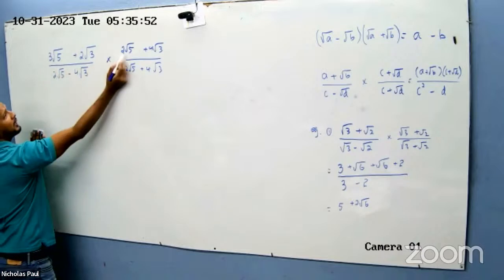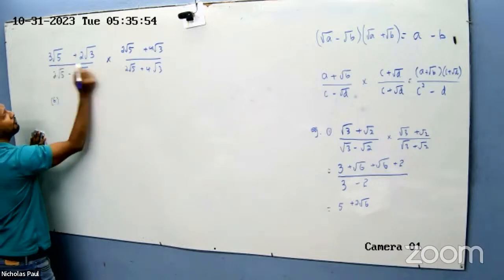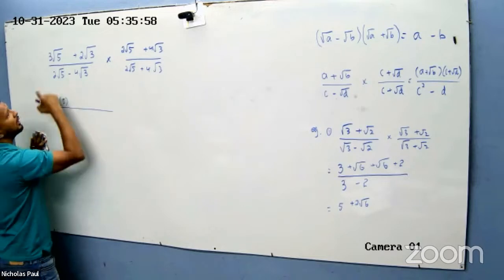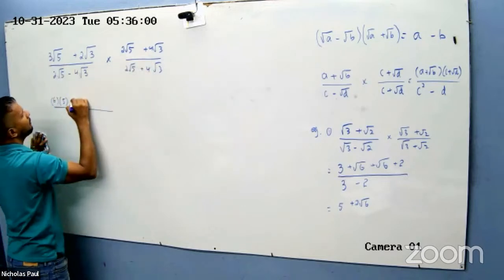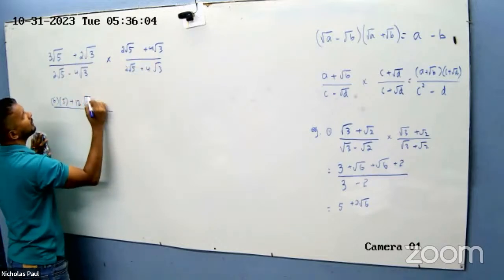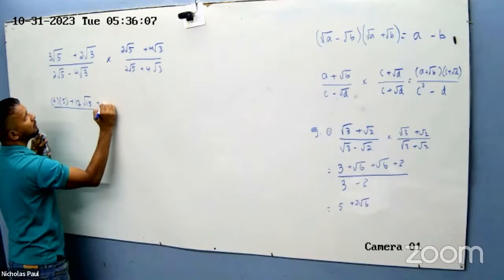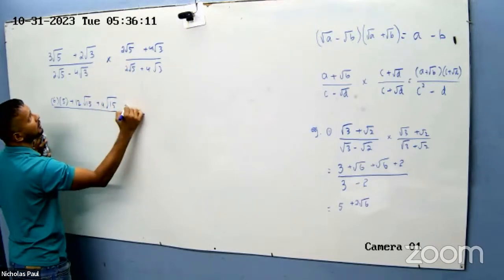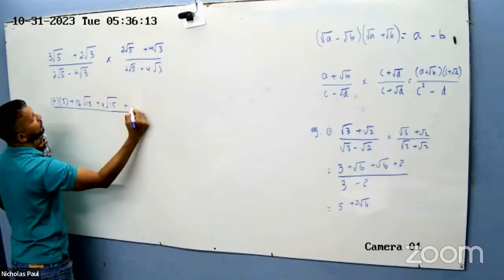Right, so 3 by 2, that's 6. Root 5 by root 5, that's 5. 3 by 4, that's 12. Root 5 by root 3 is root 15. 2 by 2 is 4. Root 3 by root 5 is root 15. 2 by 4 is 8.